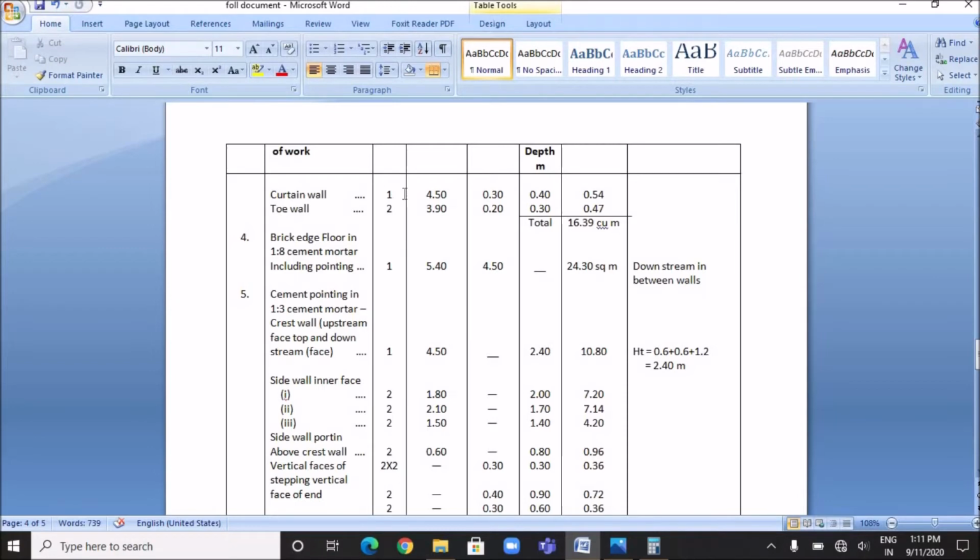So the number of curtain wall is 1, the length is 4.5 meter, the breadth is 0.3 meter, and the depth is 0.4 meter. So the quantity is calculated as 0.54 cubic meter.